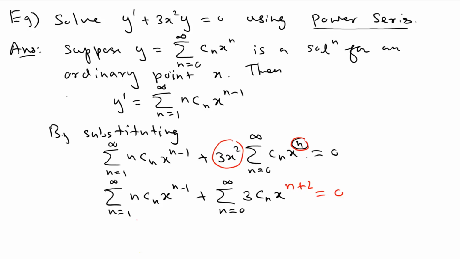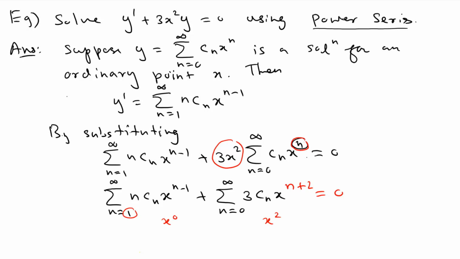When you apply n equals 1 in the first series, it starts with x to the 0. When you plug n equals 0 in the other one, it starts with x squared. So that means the first series has two terms which are not common, and we can write those two terms first and then write the rest.